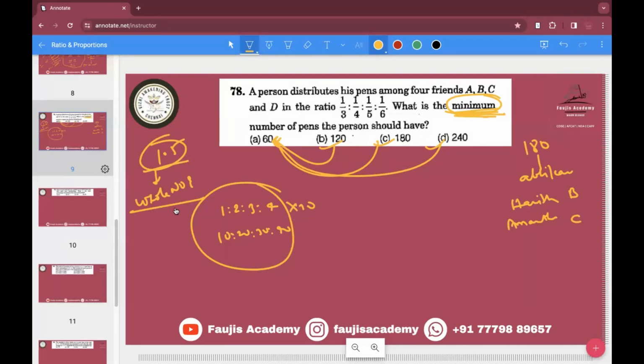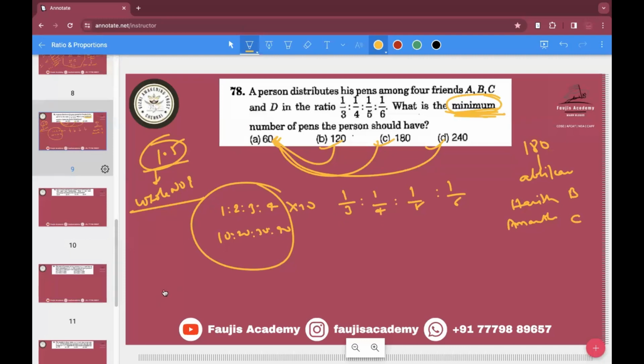But if we deal with 1/3, 1/4, 1/5, and 1/6, this will give you decimals. You can find the decimals and then multiply by 100 or something like that. You can do that. But there's a better way.